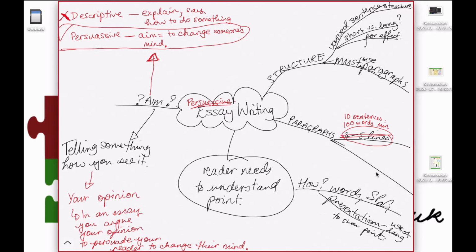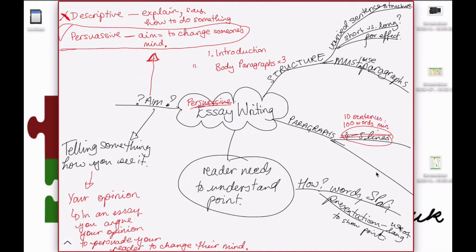So let's talk about persuasive essay structure. In a basic essay, number one, we have our intro, so our introduction. We have our body paragraphs, and you need 3 at a minimum.